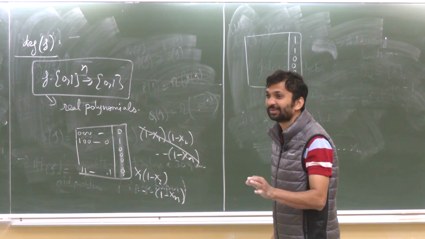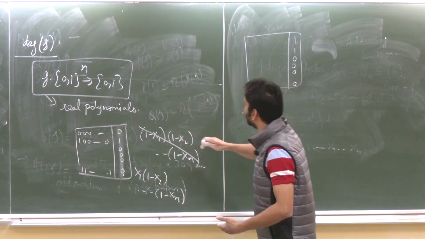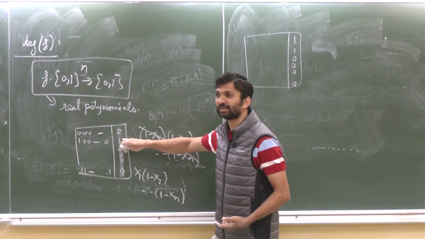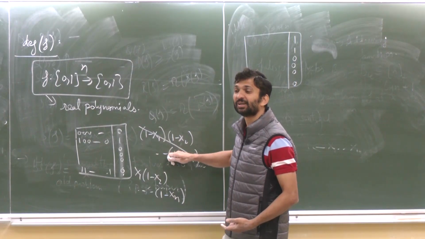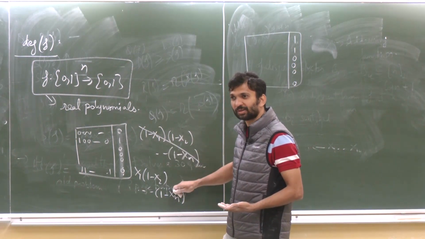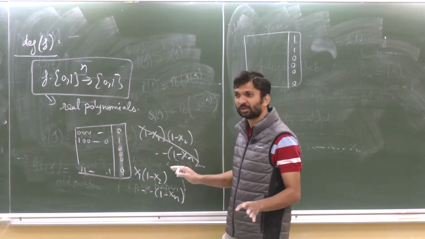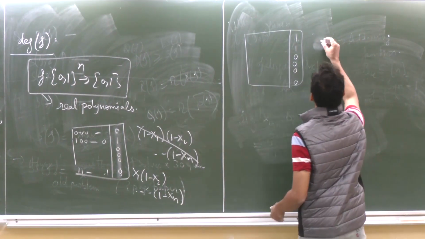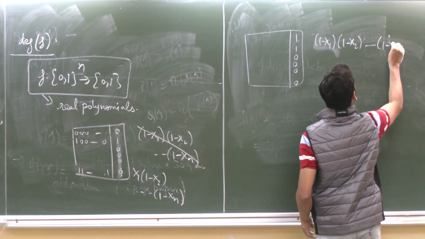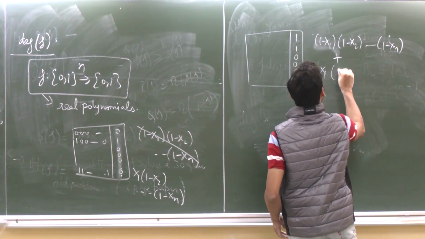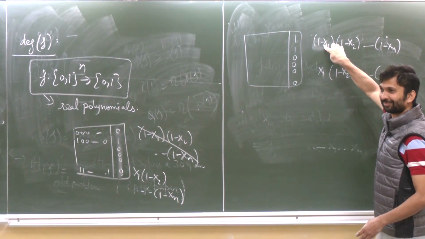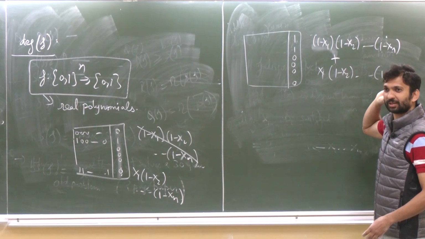These are real polynomials. Just add. This is 0 everywhere except here. This is 0 everywhere except here. If I add this, when will I get 1? Only if at least one of them is 1. Can both of them be 1? No, right? So you see how x1 disappeared?